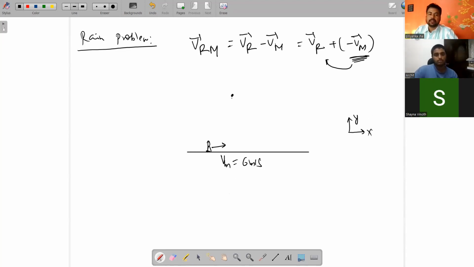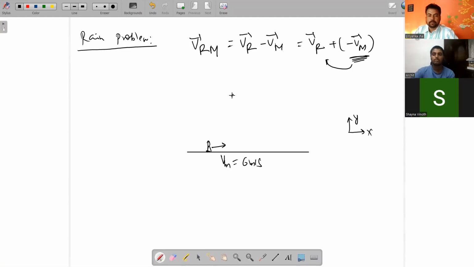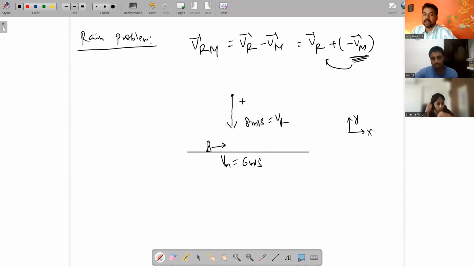And rain is falling vertically with 8 meter per second. This is the velocity of rain with respect to ground. But this man will not see rain falling vertically. This man will see rain coming at some angle. So you have to find the velocity of rain with respect to man, first thing.